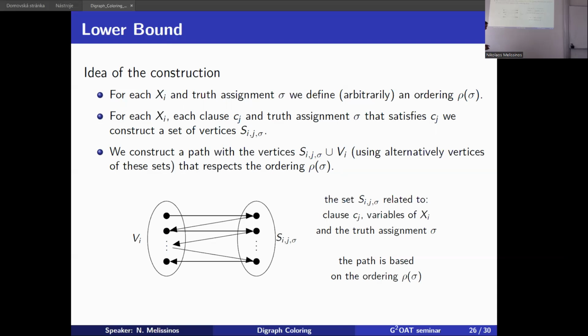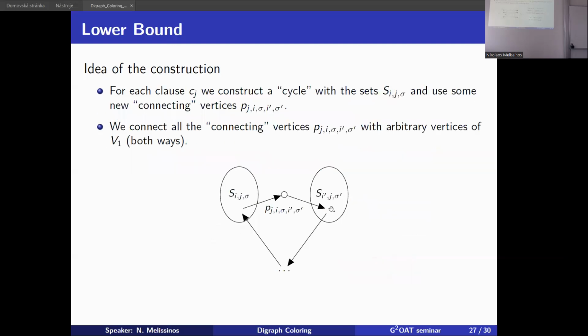Now we need to do the reverse, and let's assume that we have a two coloring of the graph. Then first we need to observe that all of those sets have the same color, let's say black, and with the way we have connected things, those sets are white, so at least one set of those must be black in order to destroy all the cycles.